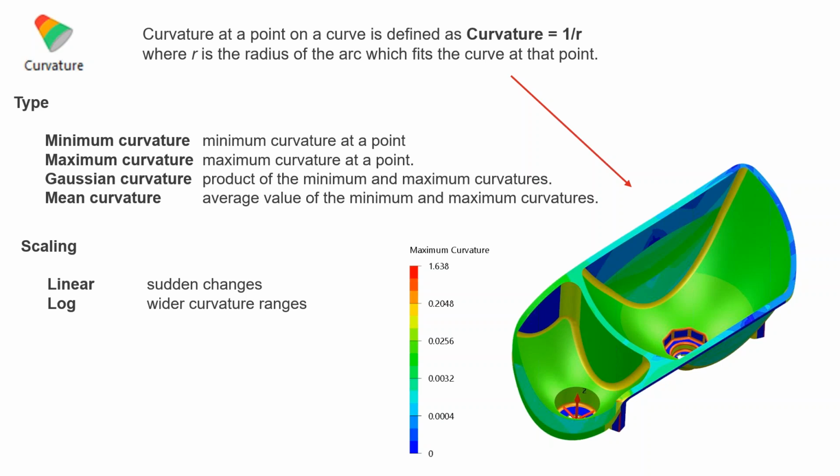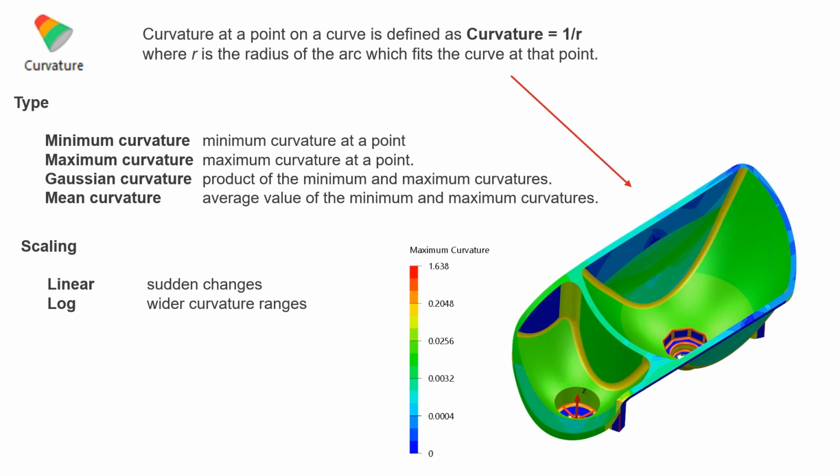So what are the types of curvature we've got? Well, there's minimum curvature that we can measure at a point. Think again of that description I gave, the maximum curvature that we can measure at a particular point. The Gaussian curvature, which is the product of the two, and the mean curvature, which is the average value of the minimum and the maximum through the point. And there's also a scaling factor that we can offer, which is, okay, how are we displaying that on the screen?